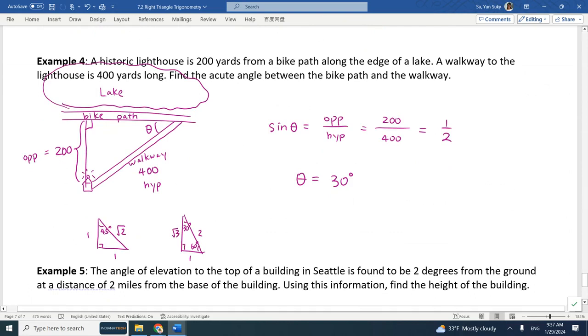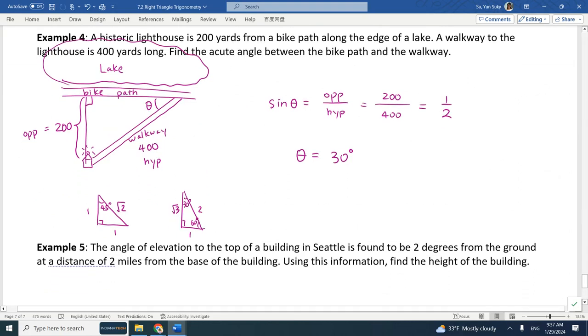Any questions about example 4? If you can understand example 4, please raise your hand. Yep. Okay. All right. If you have questions, feel free to ask me.